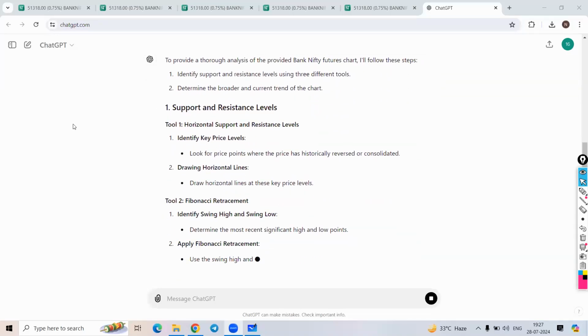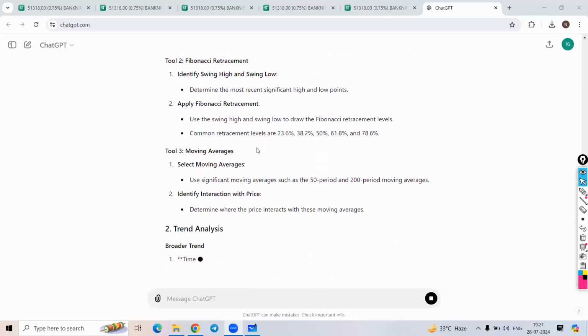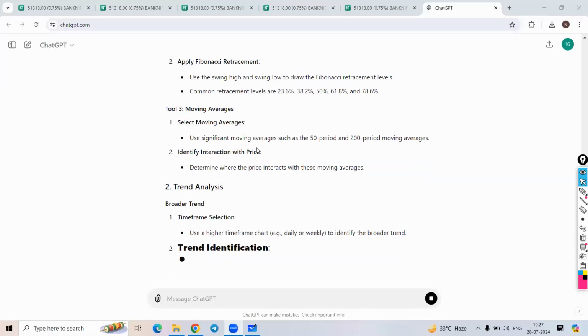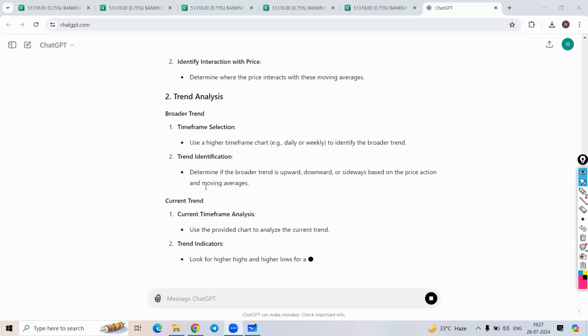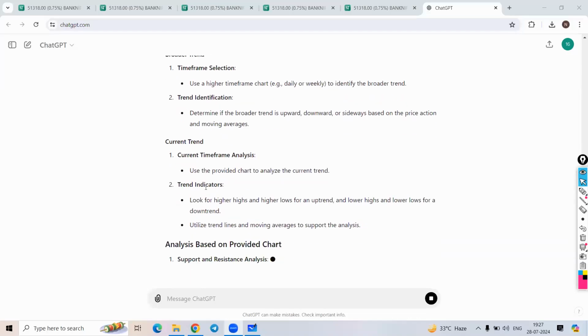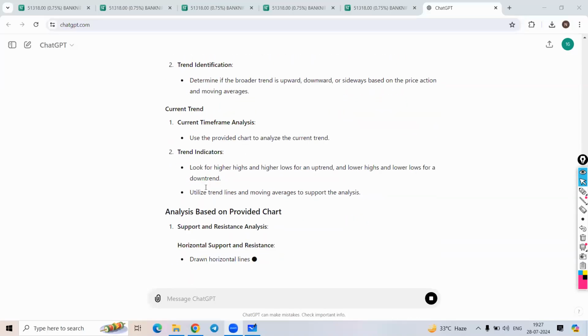So basically, it will tell the outlook and different ways to mark support and resistance. It will go on and on because I have told it three different tools: trend analysis, time frame selection, etc. It will ask questions. It will not be straight away spoon feeding.